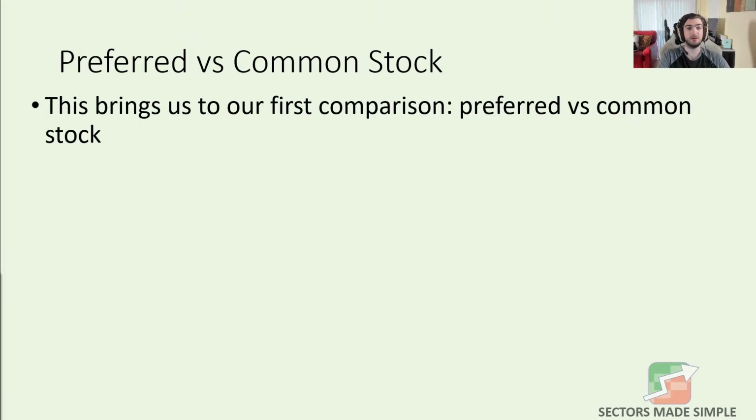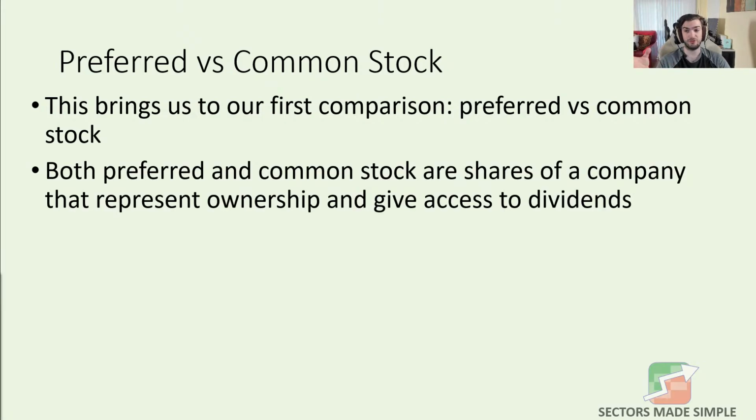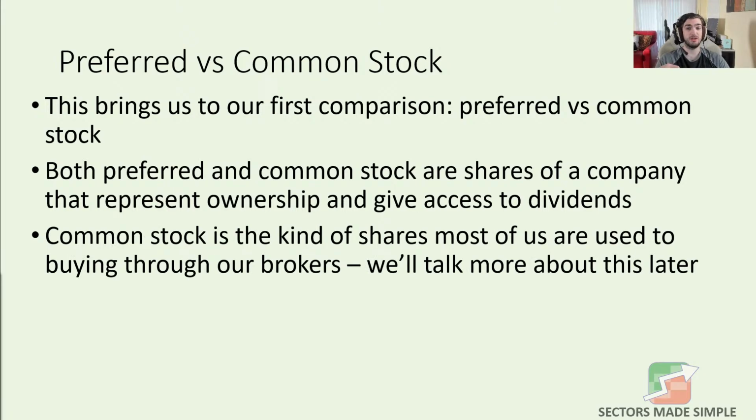Both preferred and common stock are shares or stock, where they give you access to ownership of the company, and if the company offers dividends, will give you exposure to those dividends as well. Common stock is the kind of shares that most of us are used to buying. When you go to Fidelity or Schwab or whoever your broker is, and you say, go buy a share of Tesla, you are talking about common shares.